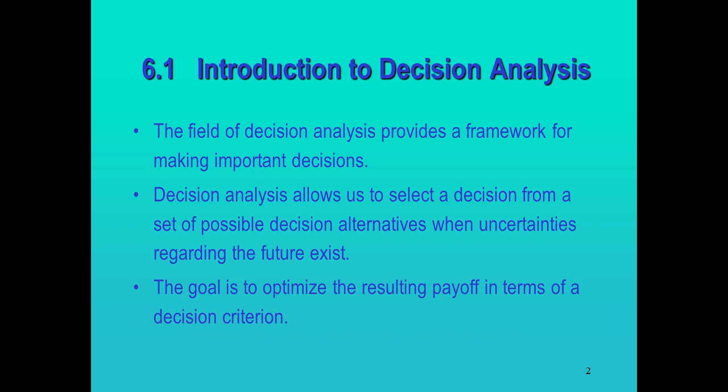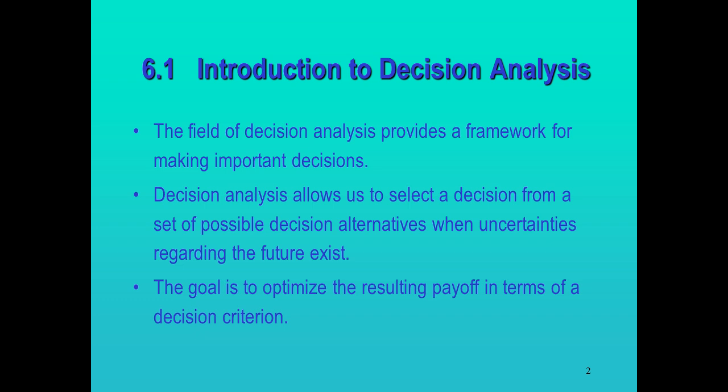Instead of us just saying, hey, this one feels right, I'm going with my gut, which is also valid, this provides a framework to look at decision alternatives under future states of nature and decide what might be best. Okay? So it allows us to select a decision from a set of possible alternatives when uncertainties regarding the future exist.